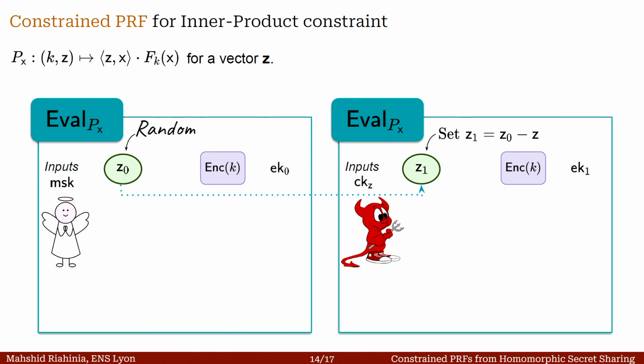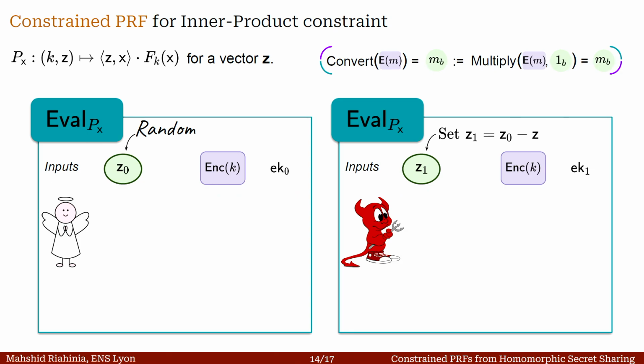Now, the way we do it, based on what we just saw, we put shares of this constraint vector z into the master secret key and the constraint key. So we can set the share that is inside the master secret key to be a random value, and the part that is in the constraint key to be the complementary share. We also give each of them the original homomorphic secret sharing inputs of the key K, together with the evaluation keys.